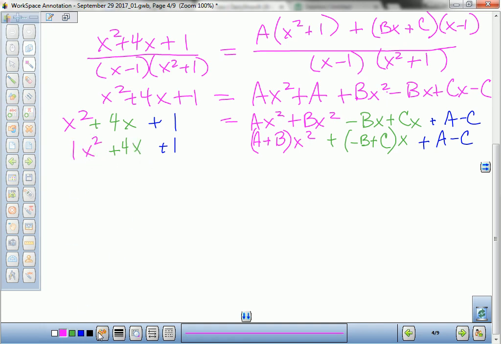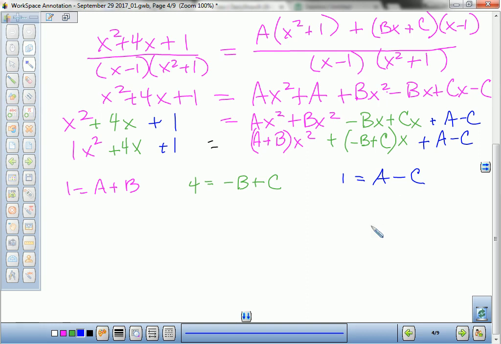This is cool. Okay, so let's deal with these terms. The only way this can be equivalent is if 1 is the same as a plus b, if 4 is equivalent to negative b plus c, and if 1 is equivalent to a minus c.